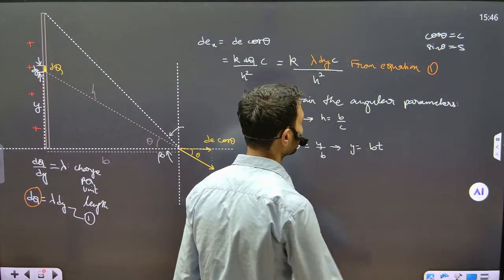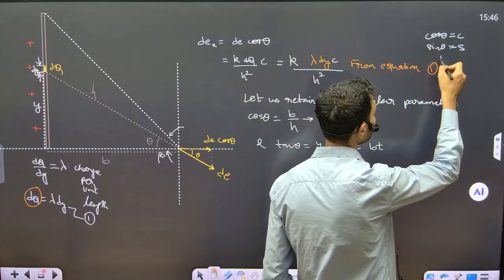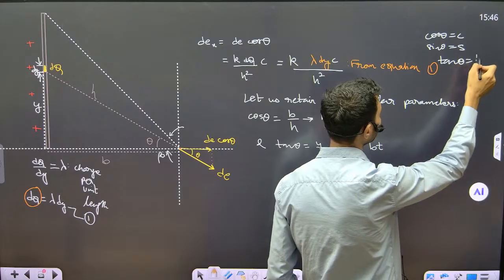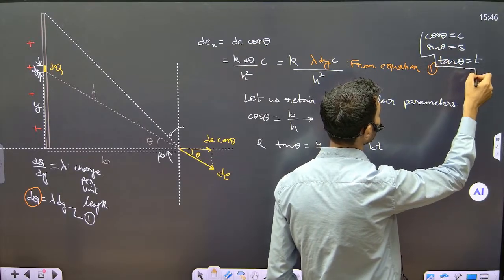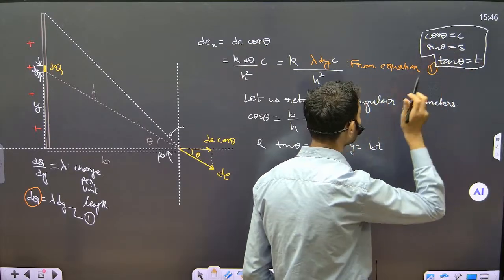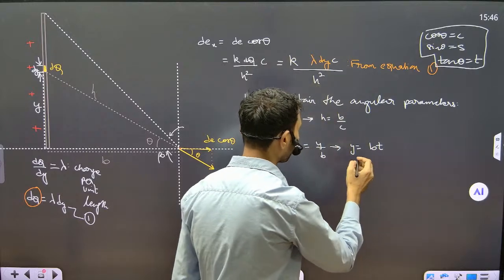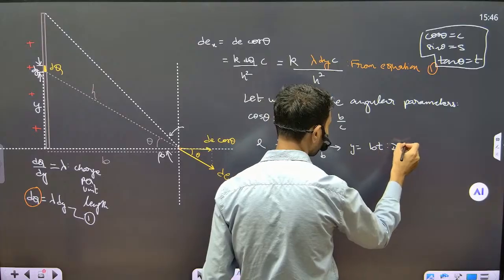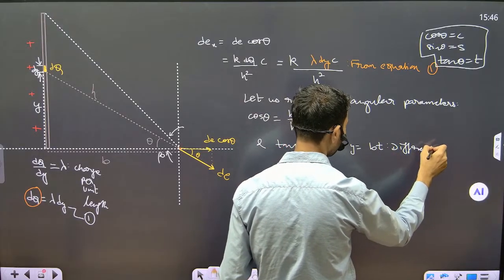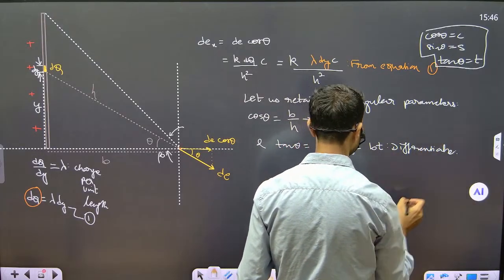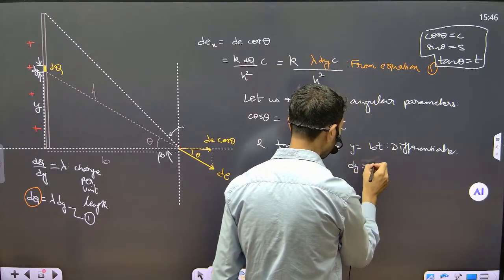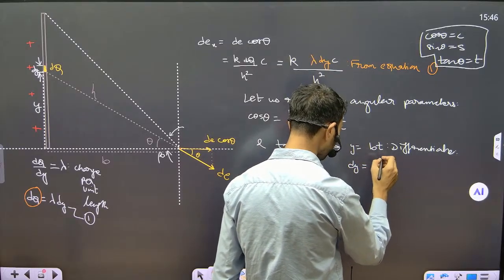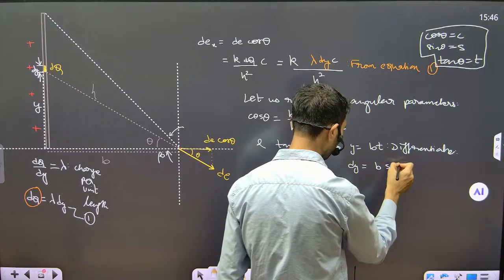Tan theta I'm just writing as t. These are short forms I'm using. So if you differentiate, you get tan square theta is sec square theta d theta.